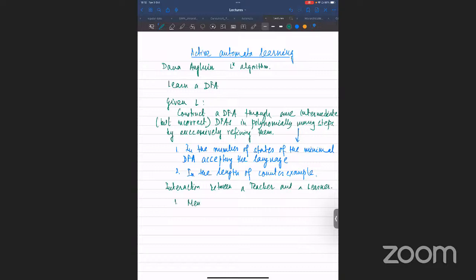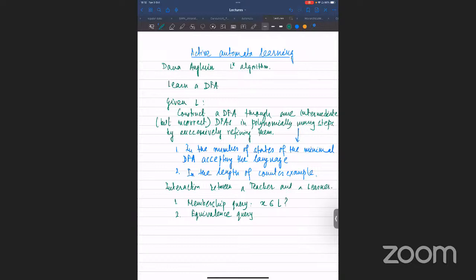One is a membership query, and the other one is an equivalence query. The membership query is like, you are given a string X, and the learner asks the teacher whether the string X belongs to the language L or not.